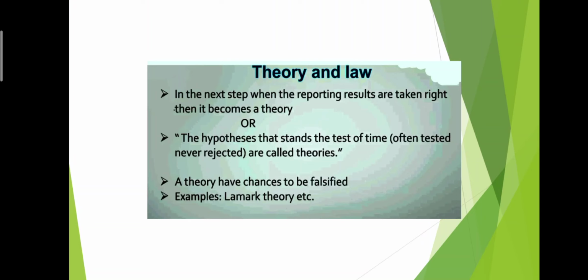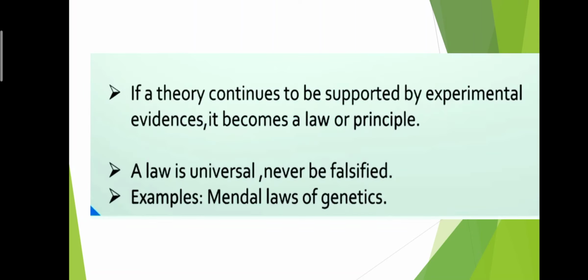A theory has chances to be falsified, for example, Lamarck's theory, etc. If a theory continues to be supported by experimental evidence, it becomes a law or principle. A law is universal and can never be falsified. Example, Mendel's laws of genetics.